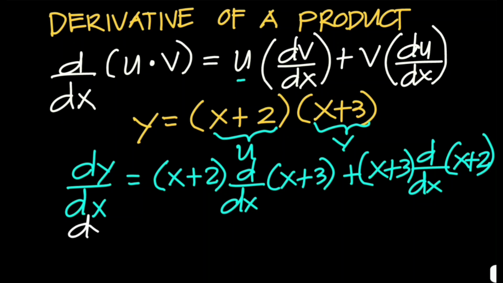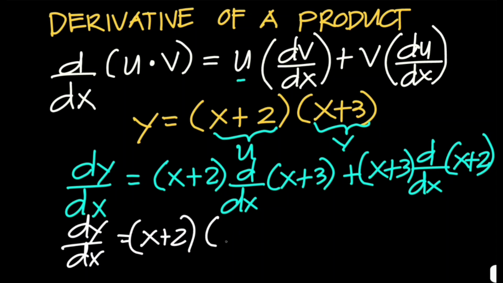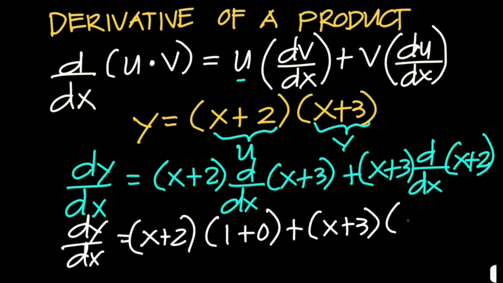So this is just x plus 2 times the derivative of x plus 3, so that is the derivative of x is 1 plus the derivative of 3 is 0, then plus x plus 3 times the derivative of x is 1 plus the derivative of 2 is 0.